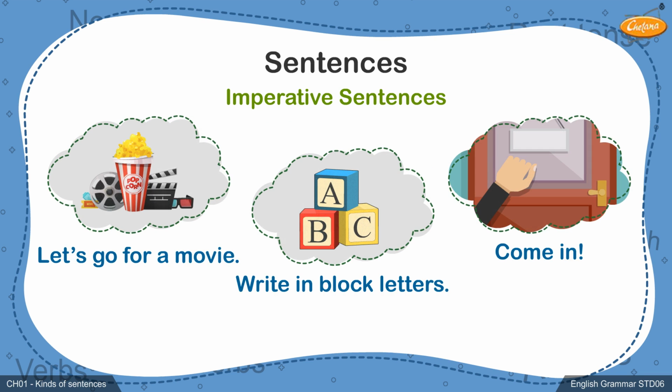Imperative sentences usually begin with a verb or words like let, and the subject is omitted. Hence, you will notice that the sentences given on the screen start with the word let, or any verb like write, come. These sentences also carry a positive meaning and thus are called imperative affirmative sentences.